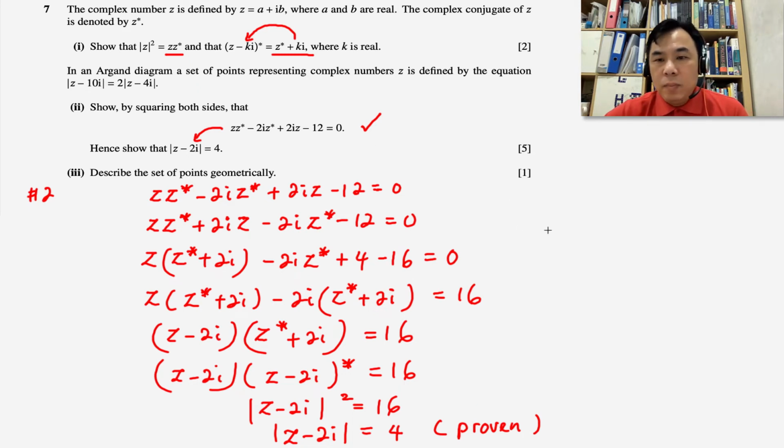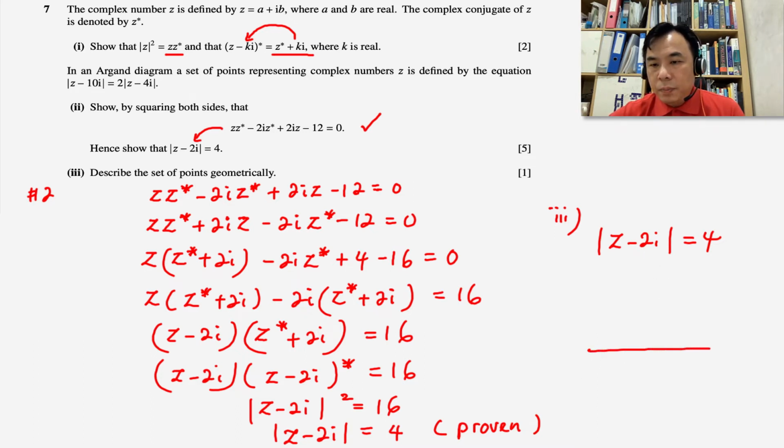And then lastly, for number 3, describing the set of points geometrically. The modulus of z minus 2i equal to 4 represents, if I were to show the actual Argand diagram, negative 2 here with the radius 4.